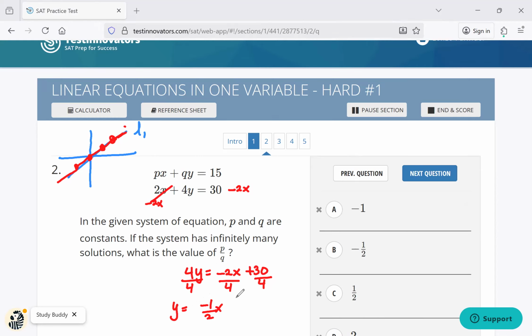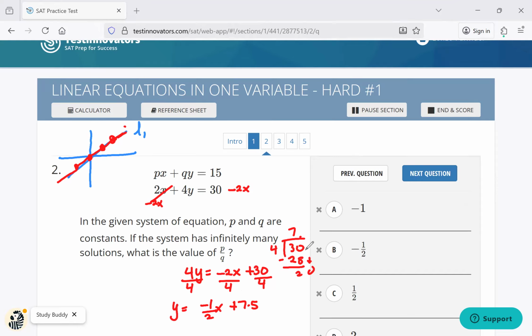And then 30 divided by 4 is, I guess you can say 7.5, right? 30 divided by 4 is, 7 times 4 is 28. 30 minus 28 is 2.